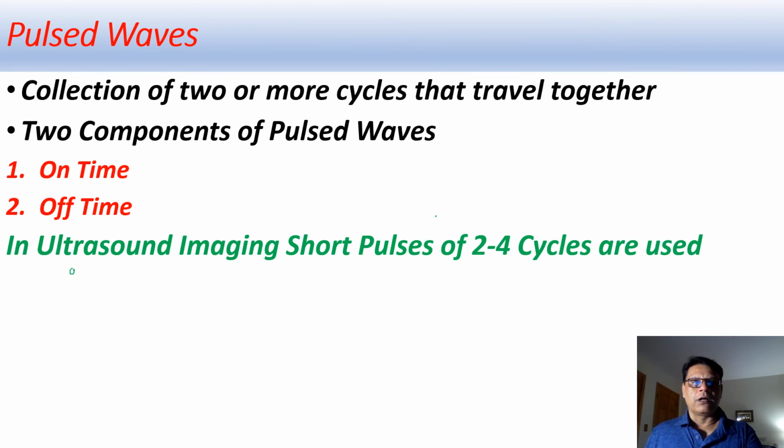In ultrasound imaging, mostly pulses of 2 to 4 cycles are used. These are called short pulses. What is meant by short pulses? Short pulses mean high frequency.